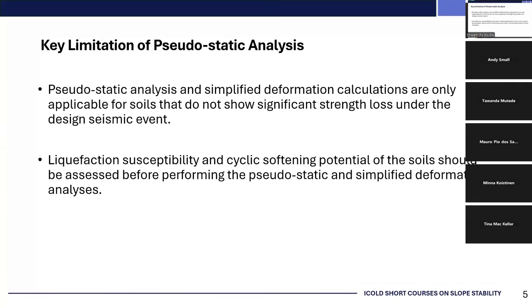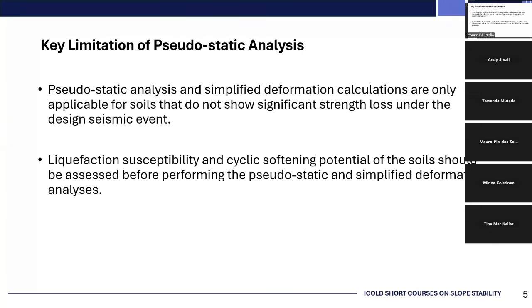It's a surrogate. The other piece is that pseudostatic analysis should not be used if you have a significant strength loss. Many of our tailings facilities have contractive tailings, particularly in the upstream portion.